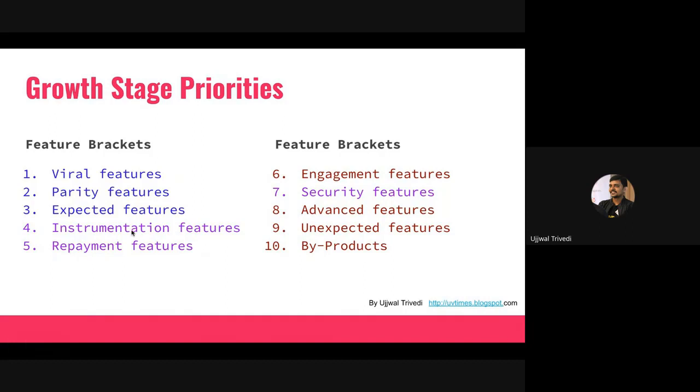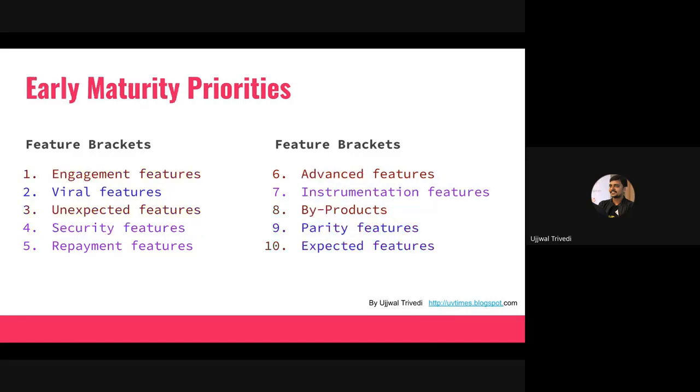If you see, engagement features and security features are still something which are not that critical right now. But as you go into early maturity, engagement becomes super important, right? So engagement, क्योंकि अब आपके पास काफी बड़ा critical mass है जो already product use करना चालू कर चुका है, right?